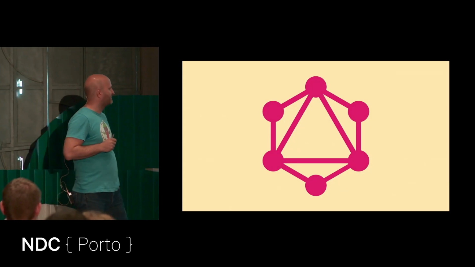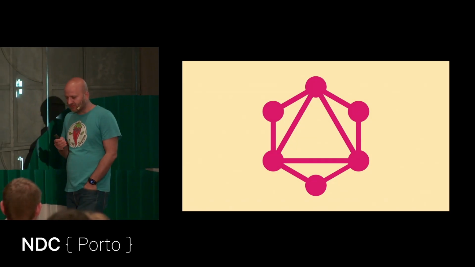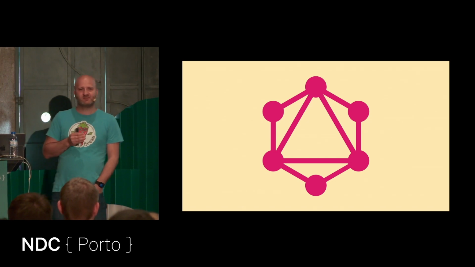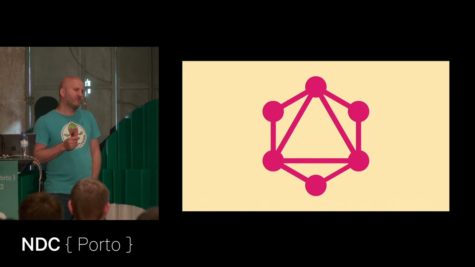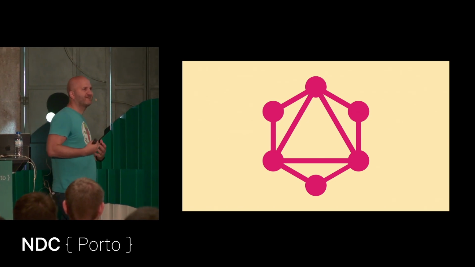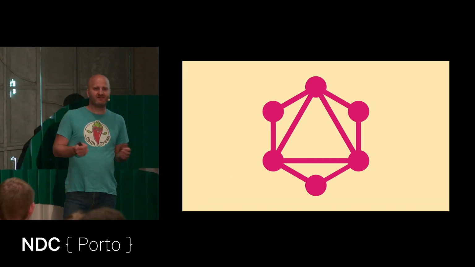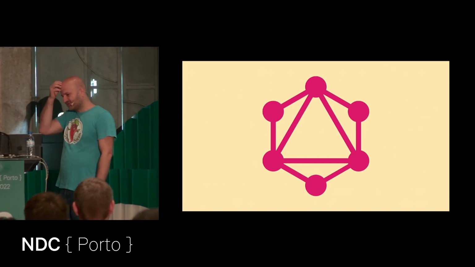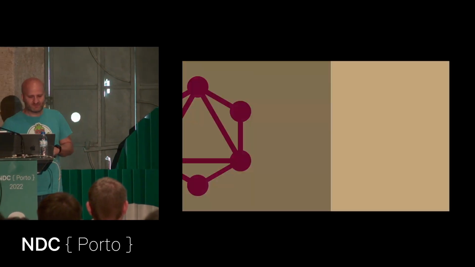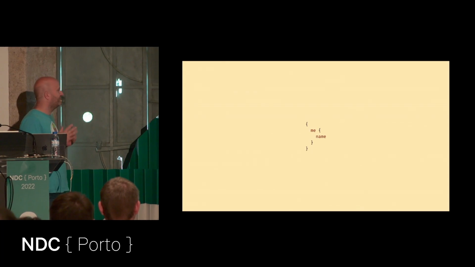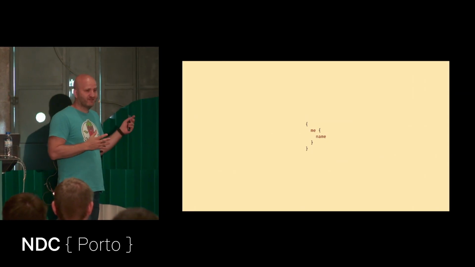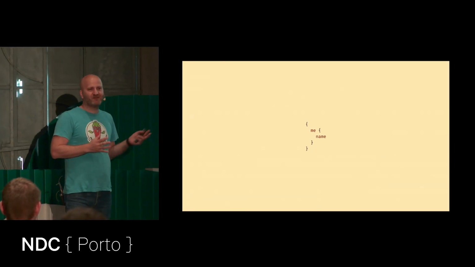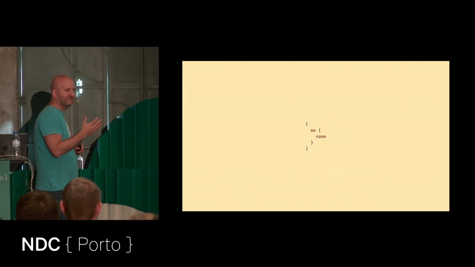So why GraphQL Observability? GraphQL has some unique challenges, I would say, when you want to make performance impact visible to the developers. And that has to do with its nature. If we look at this simple GraphQL query, when I explain getting started with GraphQL, I always start with this slide.